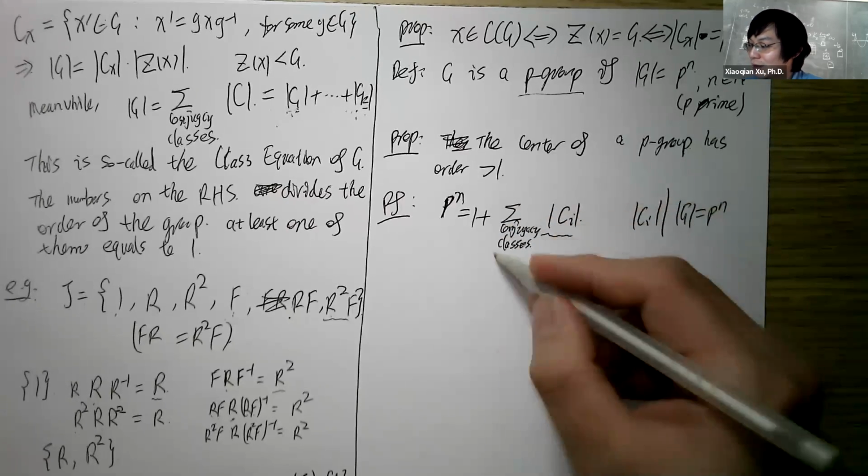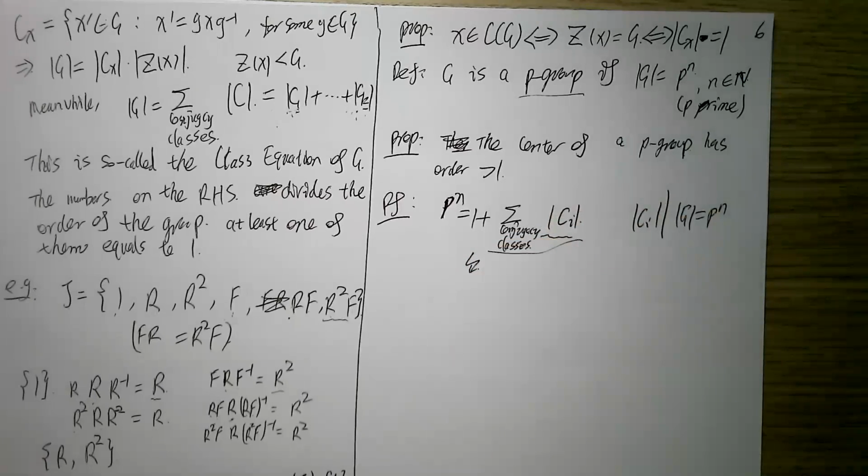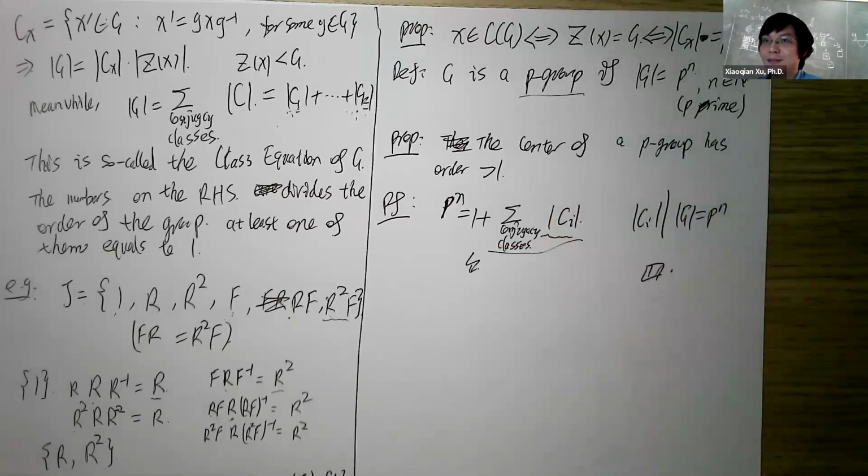Which means this is actually a multiple of p, so this is impossible. So we are done, right? The proof is actually pretty easy, but it tells us something really interesting: in a p-group, there must be something in its center.